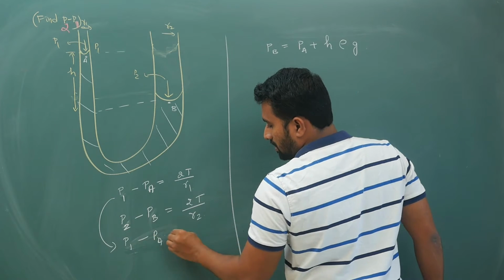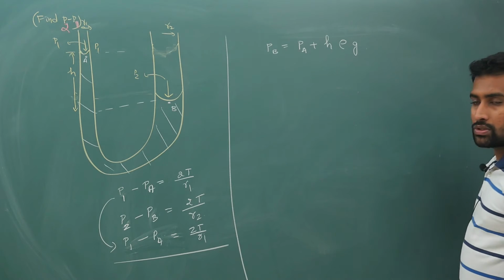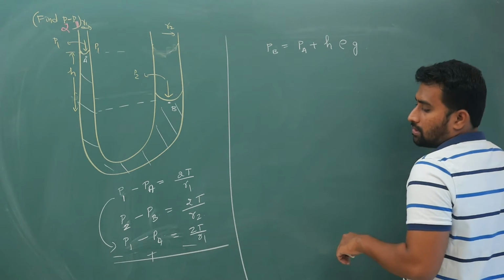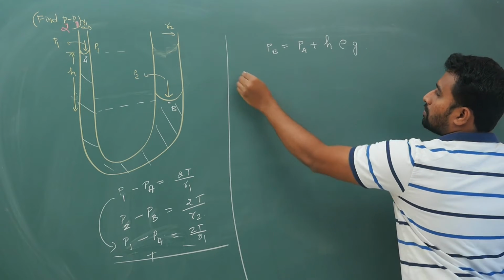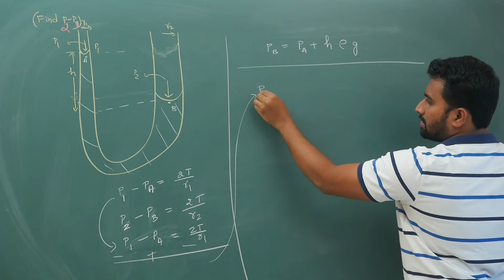P1 minus PA is 2T by R1. Subtract it. So if you subtract minus plus minus, here I am subtracting and writing this result here.